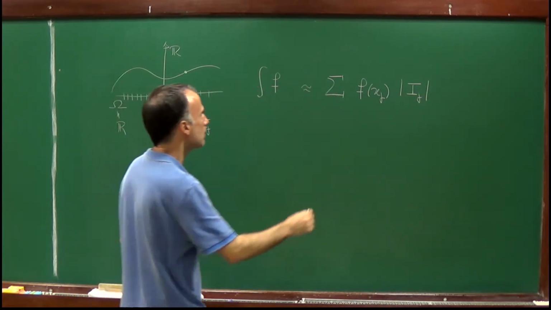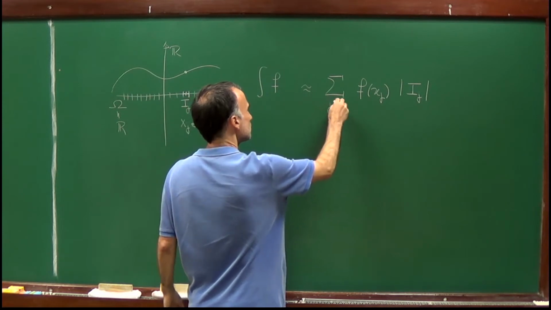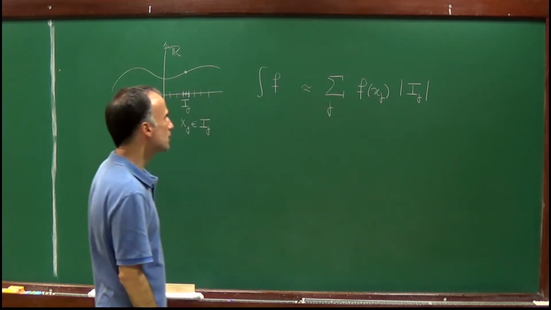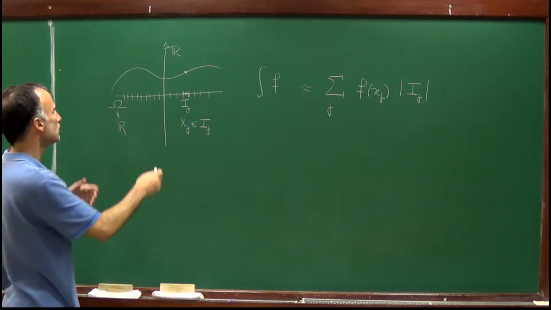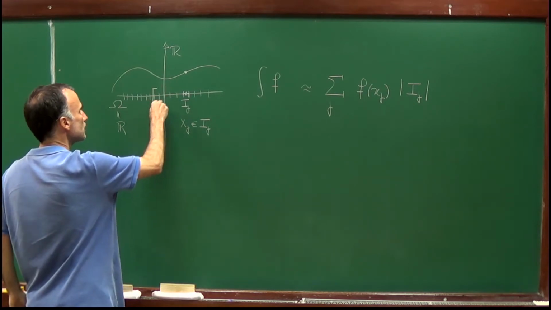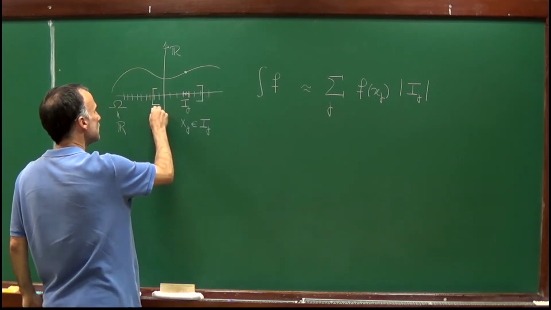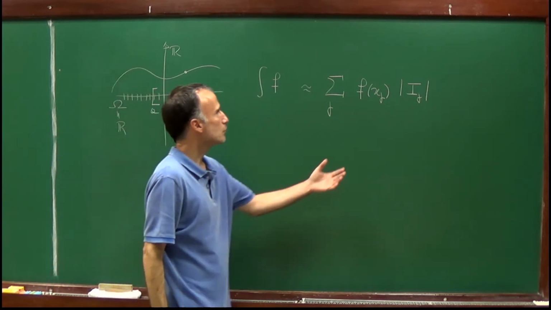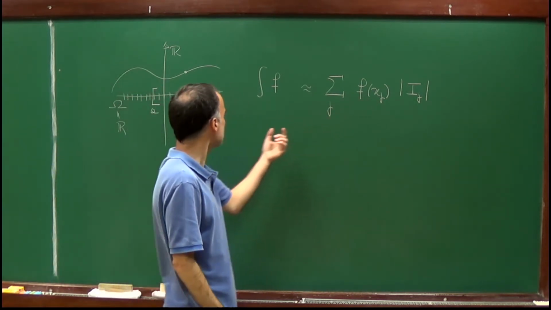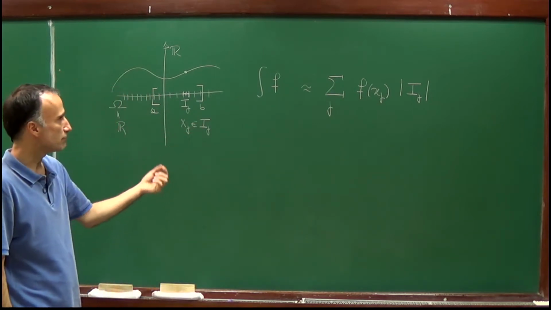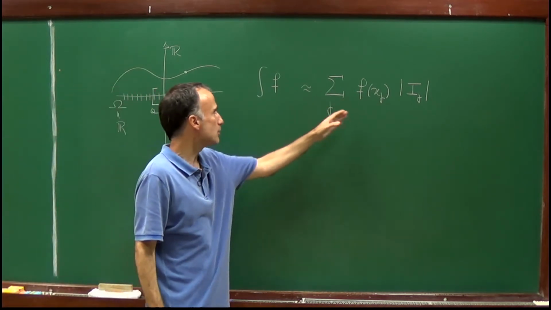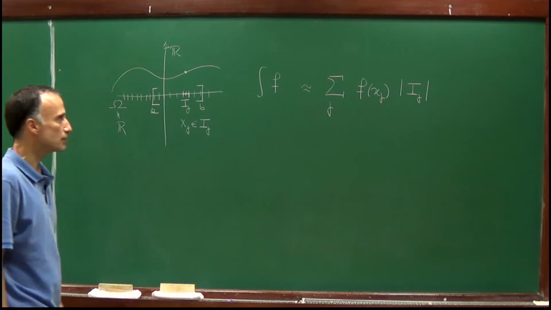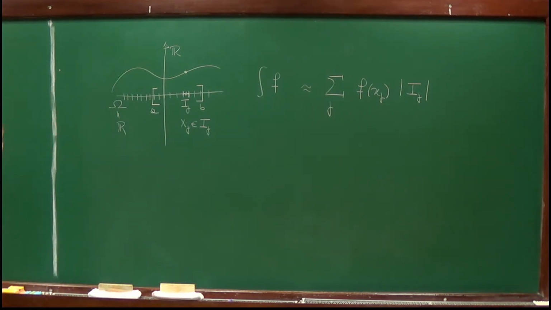There is a sum over j, and maybe you want to define this integral in an interval ab, so that this sum will be finite. We expect that as the length of these intervals vanishes, this sum will approximate the integral of f. So this is the idea behind the definition of the Riemann integral, right?